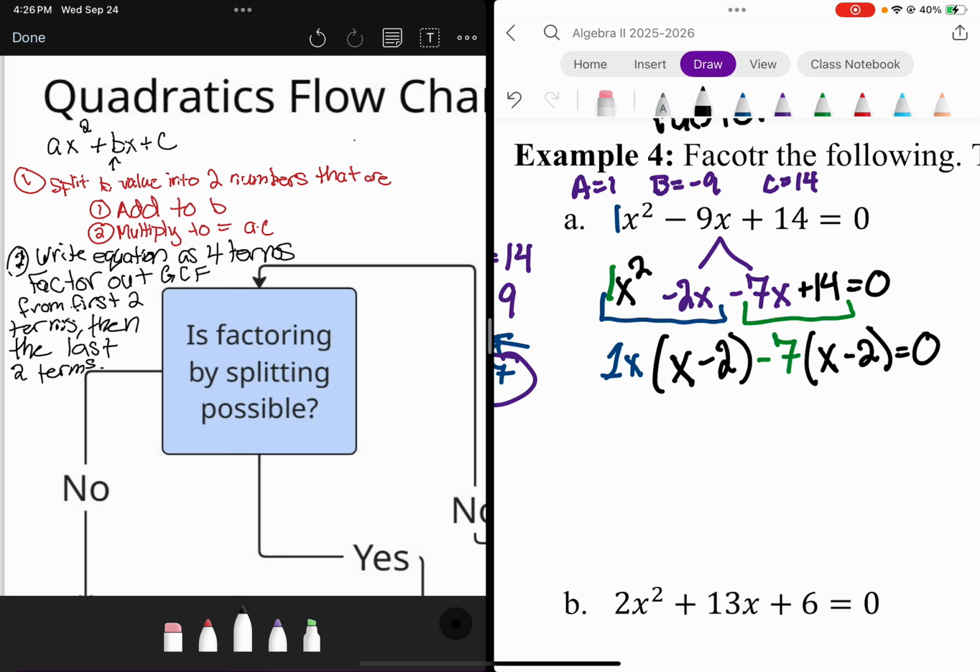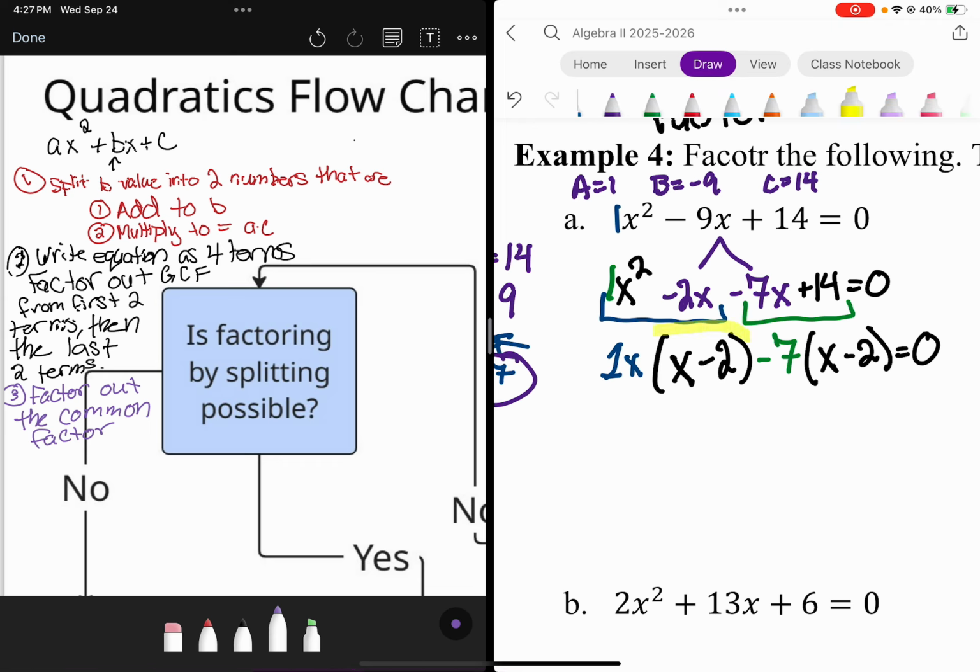All right. Once you are here, we are going to factor out for step 3. And I will type these up and write them a little bit nicer since it's not showing up the best on this PDF. You're going to factor out the common factor. If we look, our common factor here is this x minus 2.